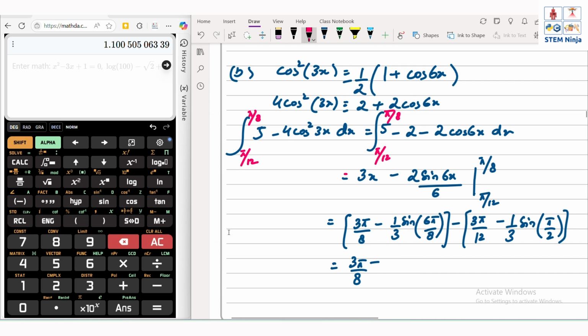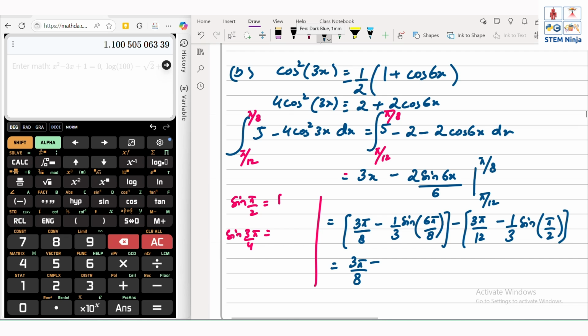So we should know the values by now. Sine pi by 2 is 1. Sine 3 by 4 pi. 3 by 4 pi is 270. So minus 1. No, sorry. 3 by 4 pi is, my bad, 135, sorry. 135.